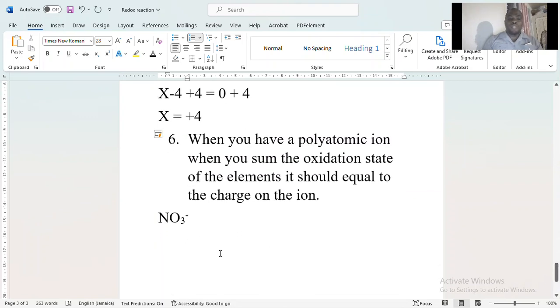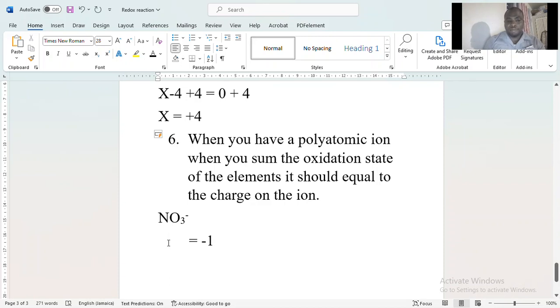So when I sum these, what should it be equal to? It should equal to -1, because that is the charge of the ion. If it was a sulfate ion, SO4, 2 minus, it would be equal to -2.